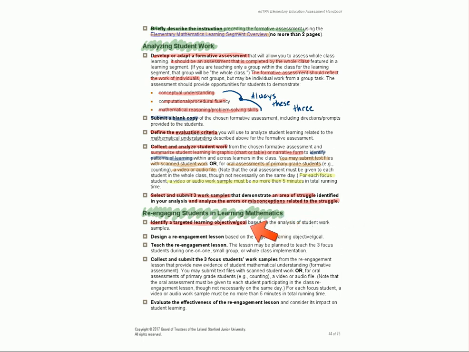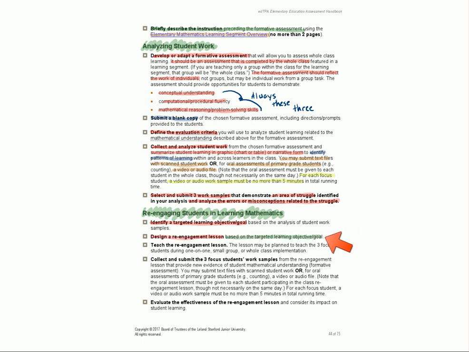You want to identify a targeted learning objective or goal, and the important part here is based on the analysis of student work, just as we did a moment ago. Following that targeted learning objective, where did they struggle? What was the thing that was hanging them up? You want to design a re-engagement lesson.